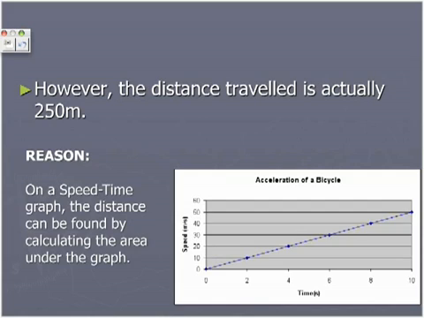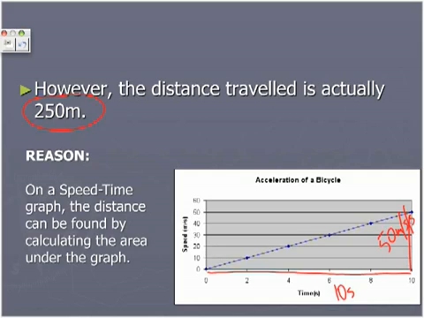So if we find our base, our base is 10 seconds, our height is 50 meters per second. So base times height divided by 2 will give me the distance traveled.